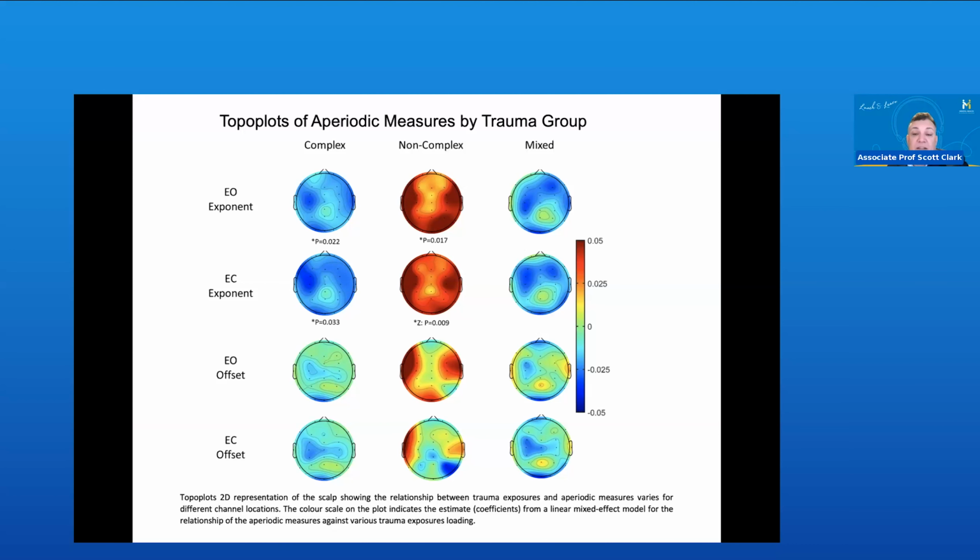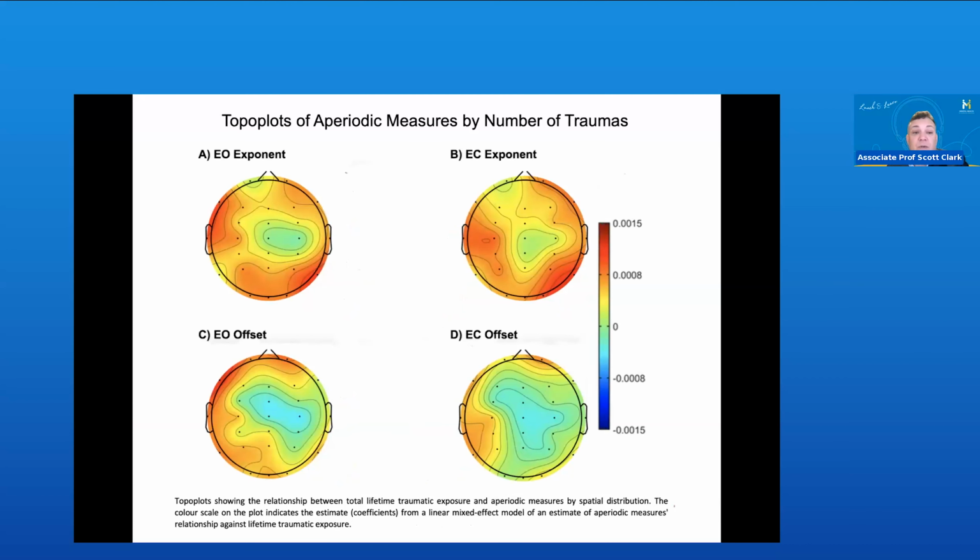While we need to replicate these results in other samples, it suggests that there may be a signature that identifies combat trauma that occurred later in a person's development, as opposed to early trauma that occurred during childhood. We can also see here that the pattern varied with the number of traumas, and with more traumas, there was a move towards excitation.